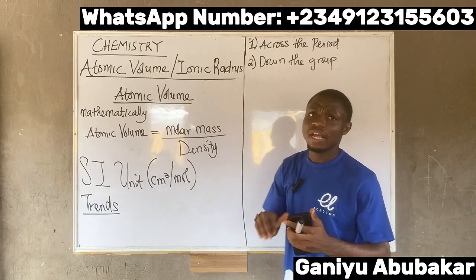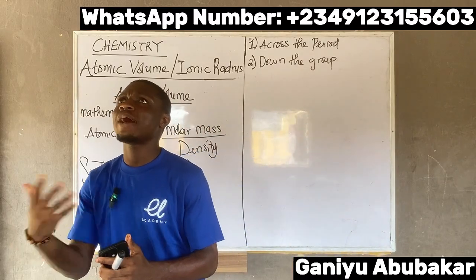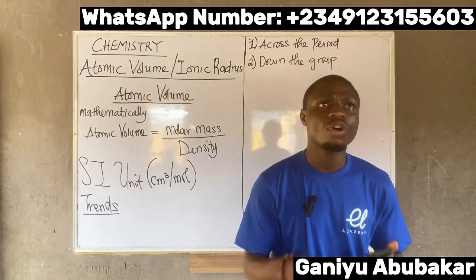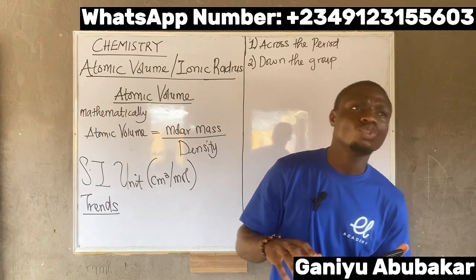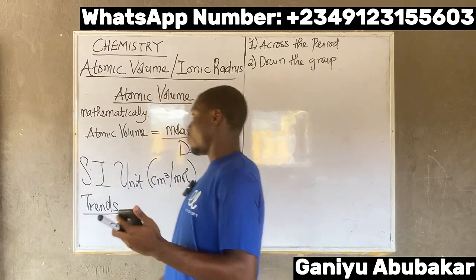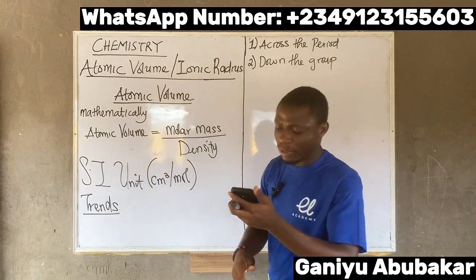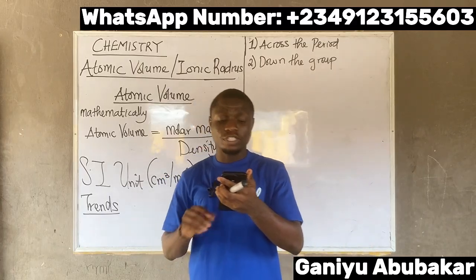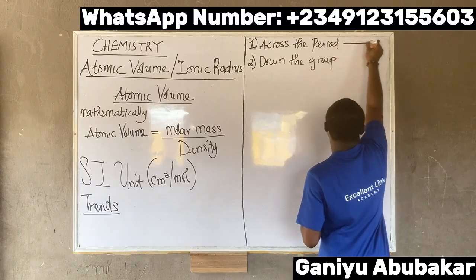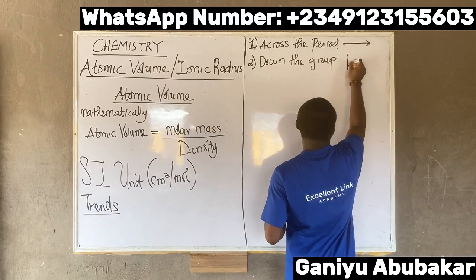Let's explain what happens to atomic volume across the period, and what pattern it follows as you move down the group. First, for across the period, please note that across the period you are moving in this direction, and down the group in this direction.